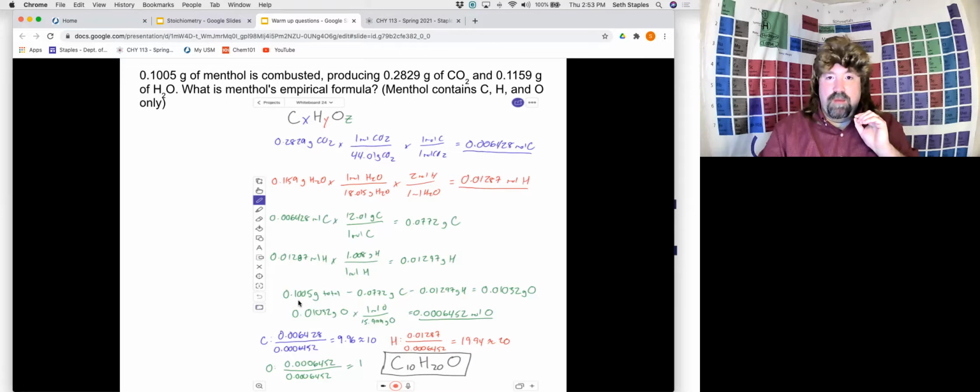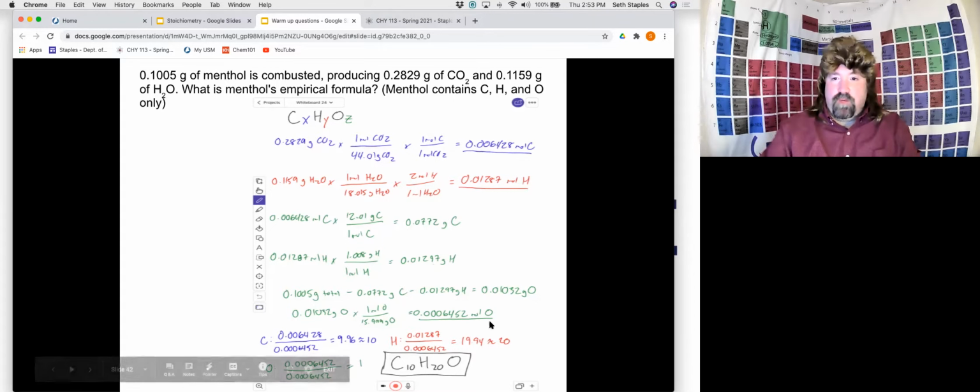Because we know this substance only consists of carbon, hydrogen, and oxygen, if I know how many grams of carbon and hydrogen there were, the rest must be grams of oxygen. And so we find 0.01032 grams of oxygen.